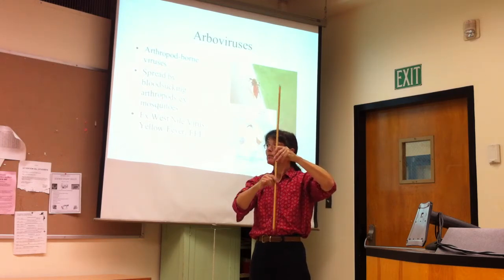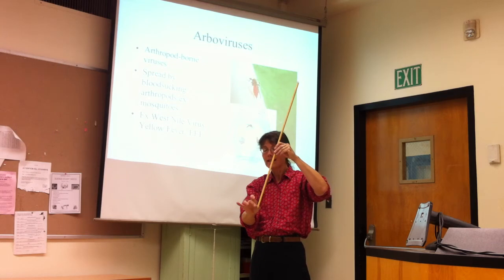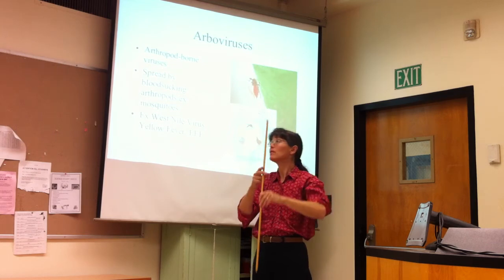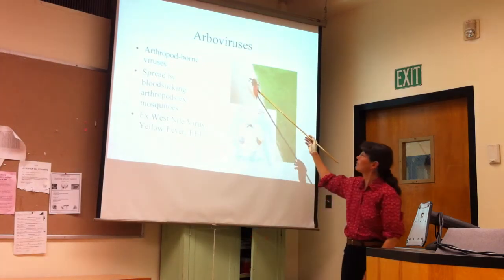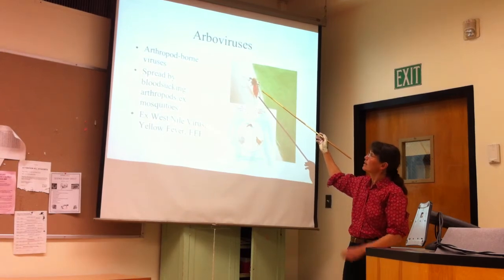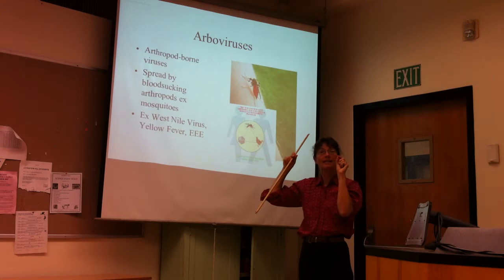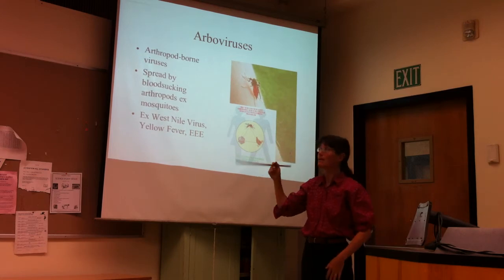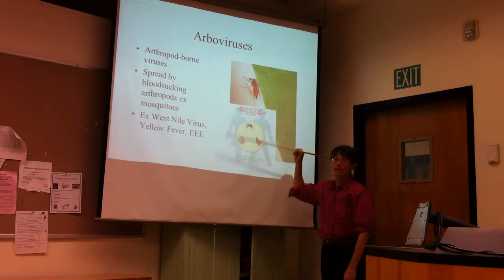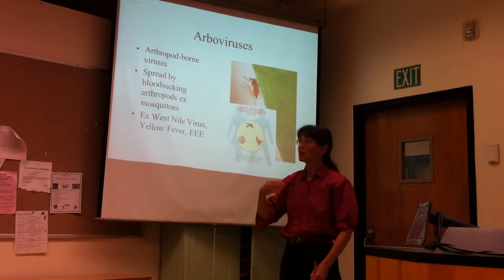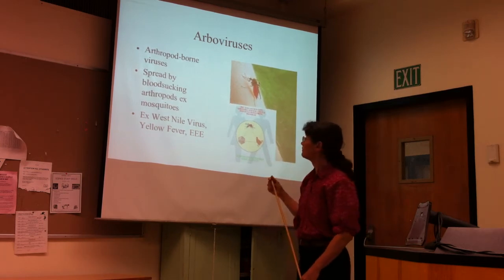They suck up the blood. But you can imagine how narrow it is. So if there were any blood clots, then they couldn't feed anymore. So they inject a little bit of anticoagulant. And some blood-feeding insects will also inoculate a little bit of local painkillers, so you're not aware you're being bitten. So it's when they inoculate us with that saliva, that anticoagulant, that often the pathogen is transferred.